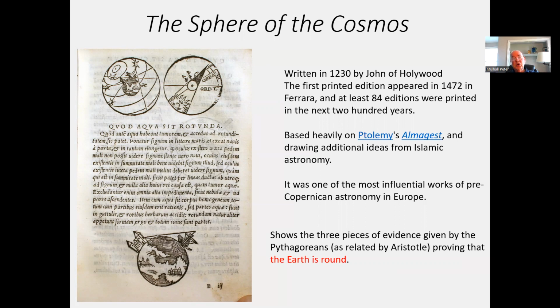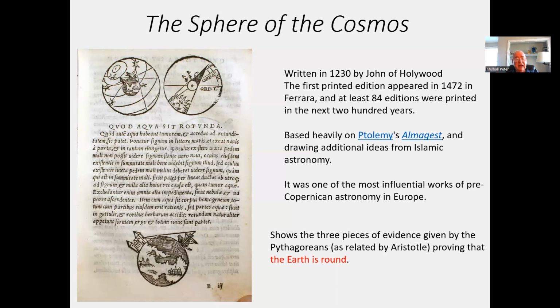It is basically a watered down version of Ptolemy's Almagest, and it was the most popular, important work explaining astronomy in the Middle Ages. So this paradigm lasts a long time because of books like this being taught again and again through many, many generations.